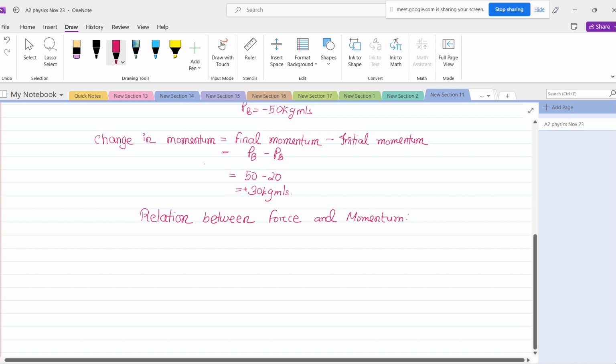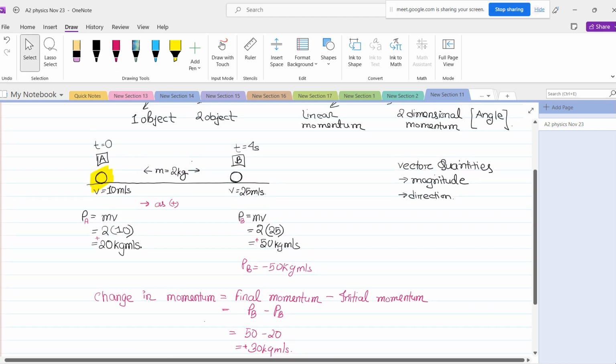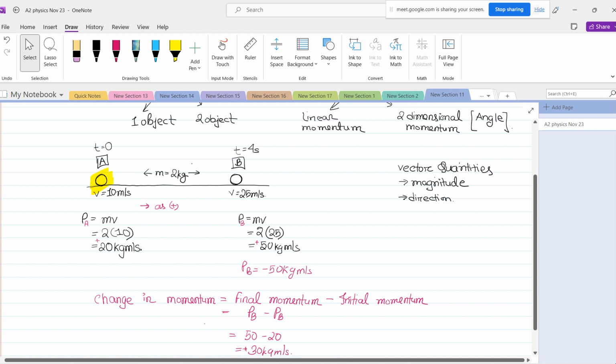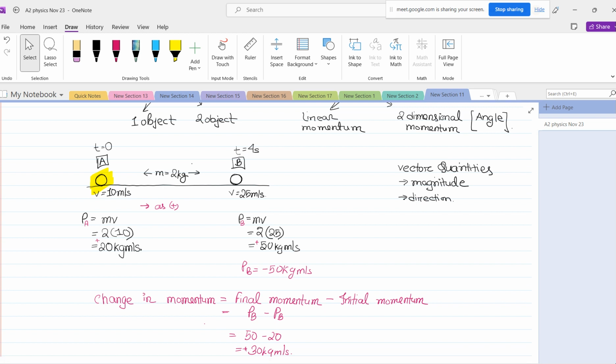Force and momentum. Say you are working with the momentum of this particle from position A to B, and you have calculated momentum for each point and the change in momentum over the entire journey. Now you want to calculate how the momentum changes with time.